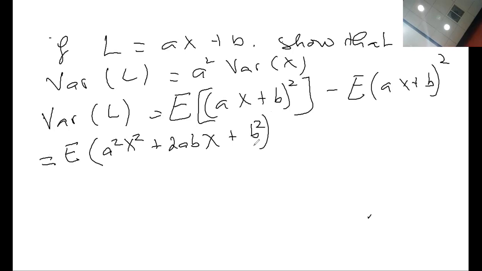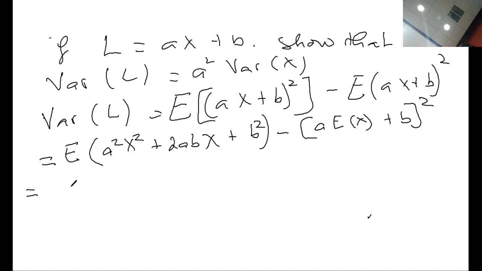That is the square of the sum of two things. It's essentially the same thing we are going to do here because we know from the property of the mean that E of ax plus b is a E of x plus b, which we will square.